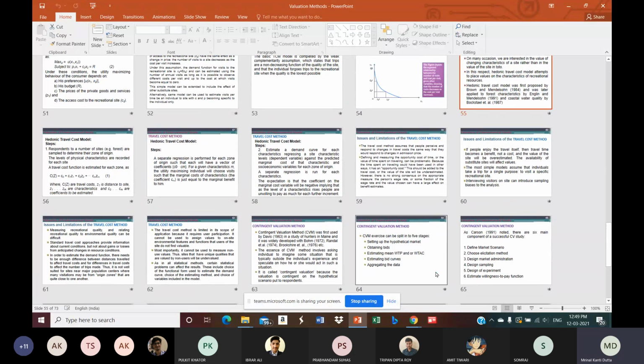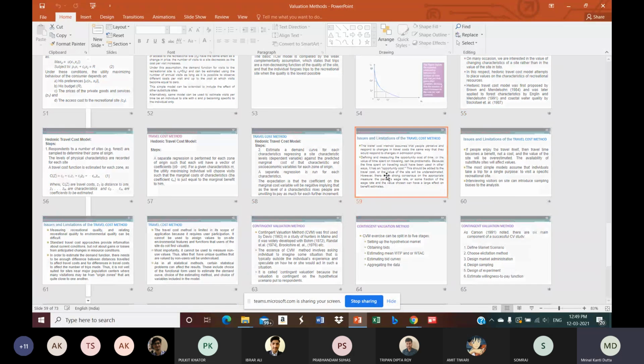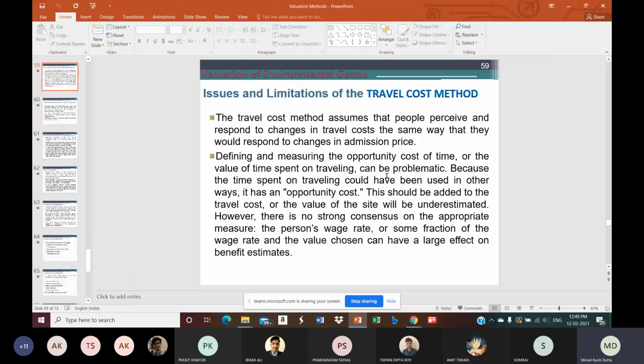But there are certain issues in general in the case of the travel cost method. In essence, the travel cost method is a kind of revealed preference method, as we can visualize. This method can be used for the visits of people from a particular locality to a particular site.